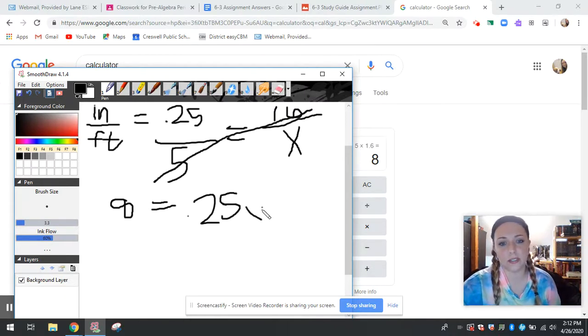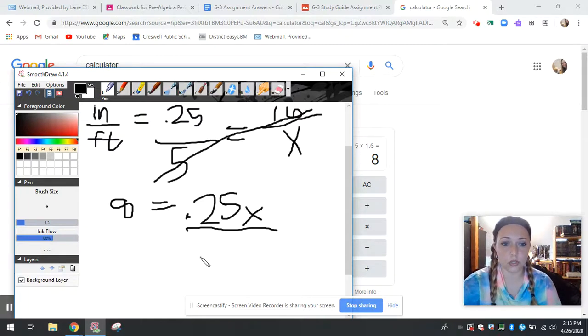Times x. The next step is to divide by that 0.25 because we always want to get the variable by itself, meaning alone on one side of the equals sign. Since they're connected by multiplication, I undo multiplication by dividing.